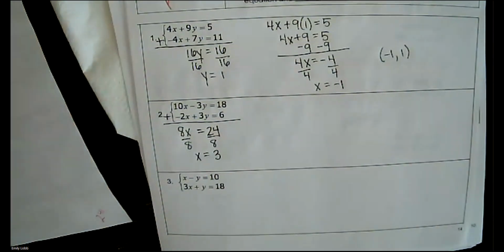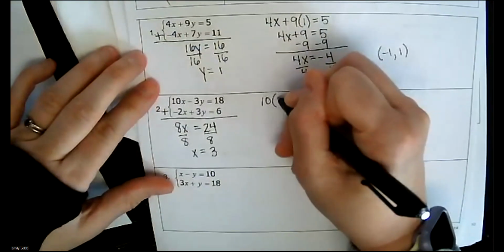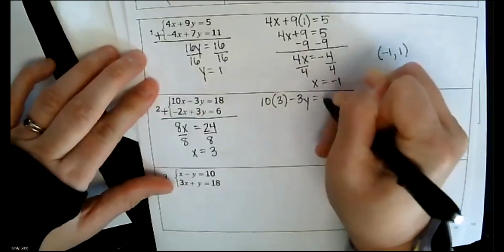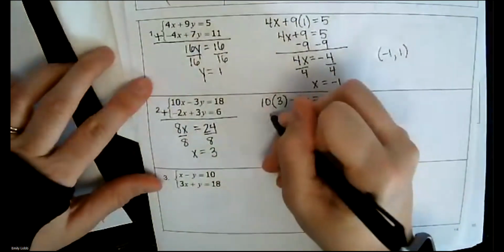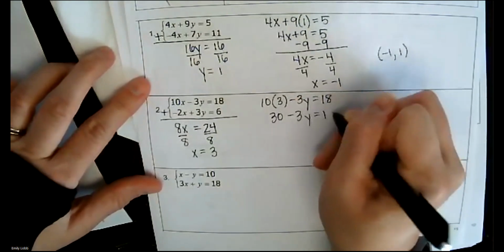Then you can choose either one of these equations and plug in for x. So 10 times 3 minus 3y equals 18. That's the top equation. You could choose either. Simplified, 30 minus 3y equals 18.